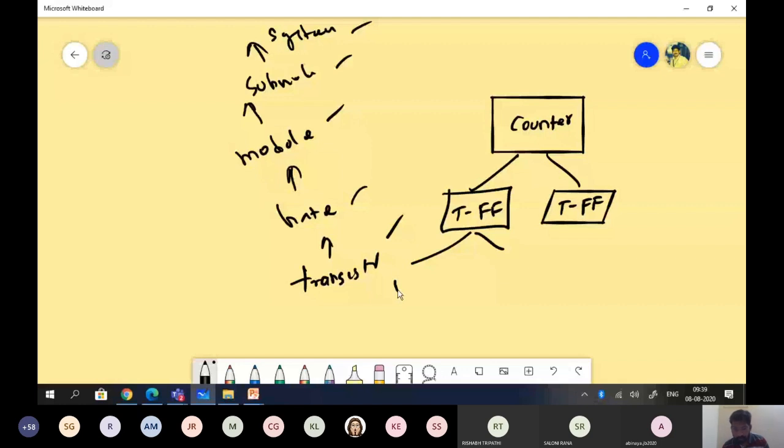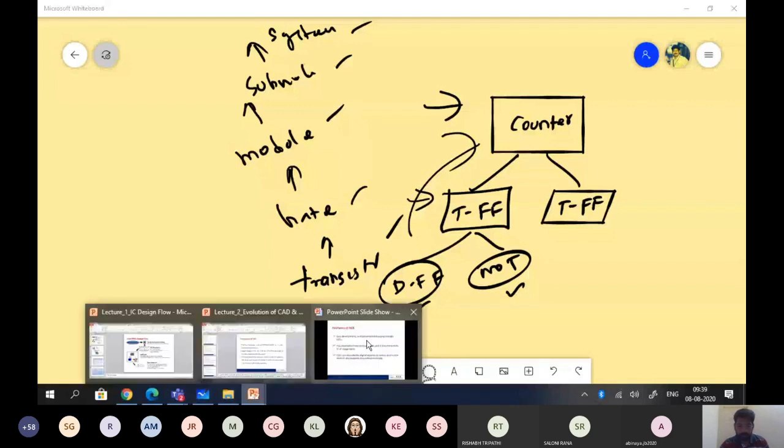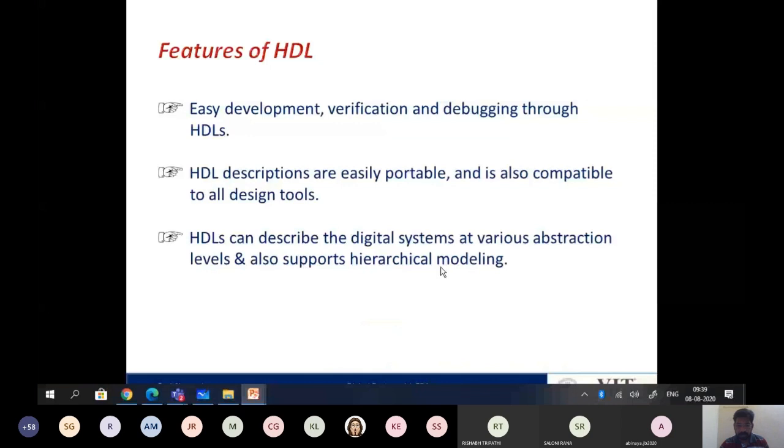That means I can define a lower level or a leaf cell using Verilog HDL, and the intermediate cells also in Verilog, and the overall top level. So in order to realize the functionality of a counter, if I have a D flip-flop and a NOT gate, I can make this counter, right? By calling its functionality, that we call hierarchical modeling, which your HDL supports. Okay, clear?